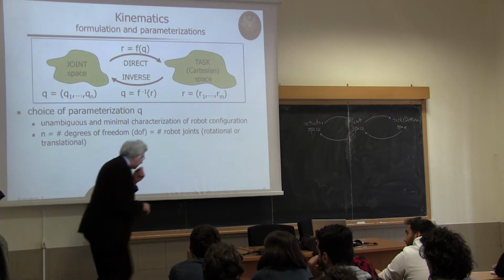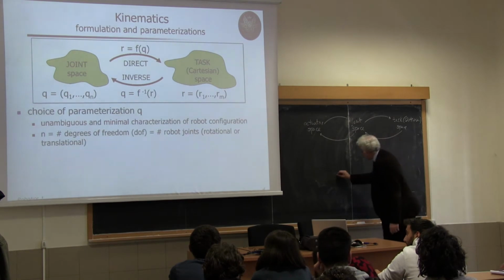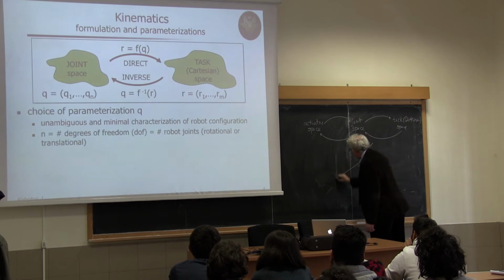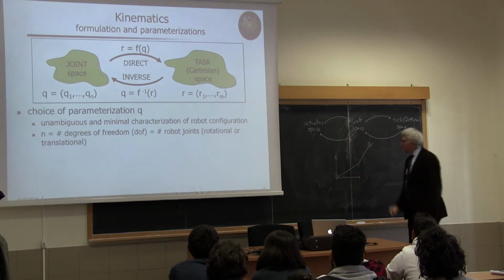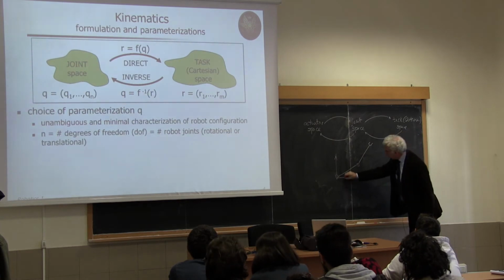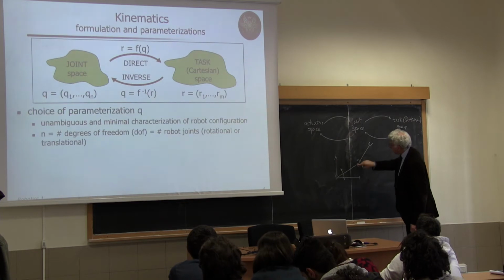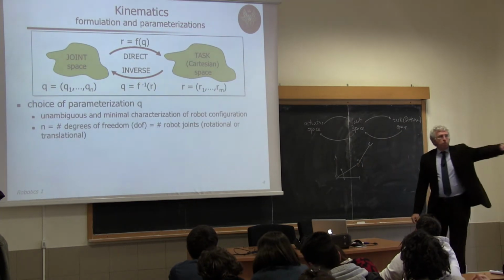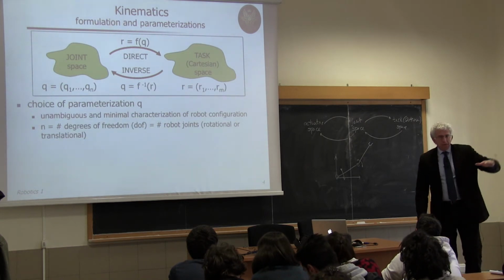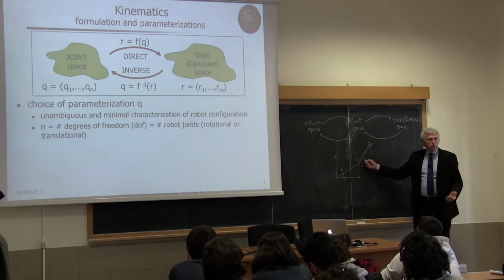And I'm making an example immediately, just to make sure that we are on the same page. Suppose that you have a planar robot with 2 revolute joints. So this moves around this axis, and this moves around this axis. It's like links 1 and 2 of a SCARA robot as seen from the top. Now I can use one variable for this joint and one variable for this joint.